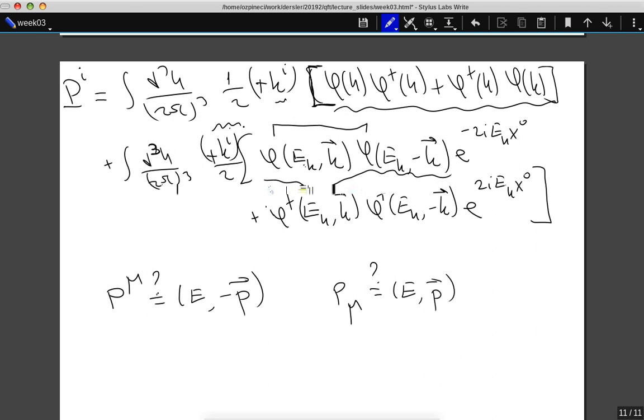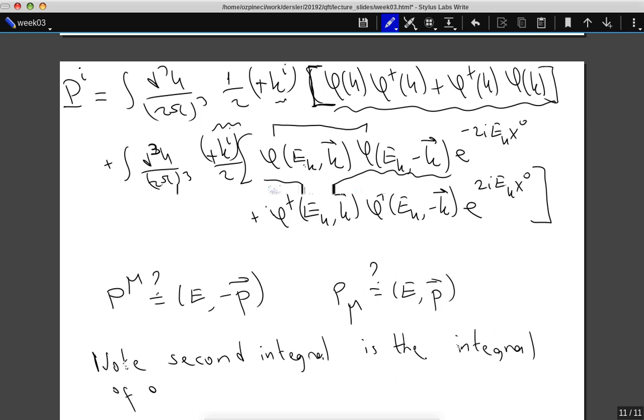So that integral is 0. Okay. So the second integral, the integral of an odd function over an even interval. So basically I'm done.